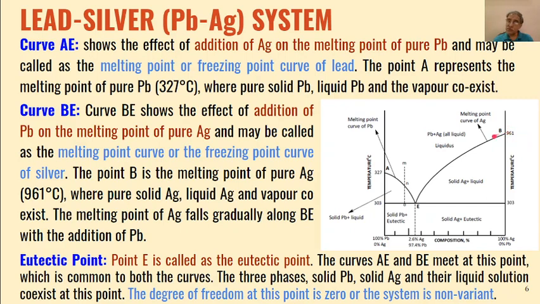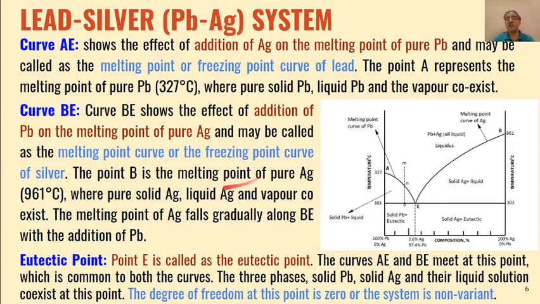As we move from here to here along this curve, we see the effect of addition of lead on the melting point of silver. The melting point of silver goes on decreasing as we move from here to here when we add lead to it. So this is called the melting point curve or freezing point curve of silver.